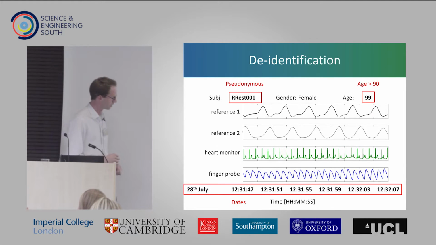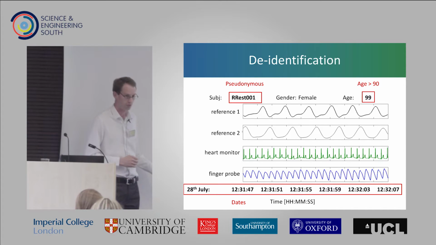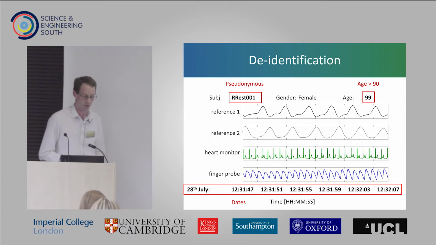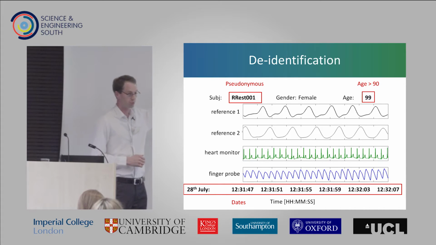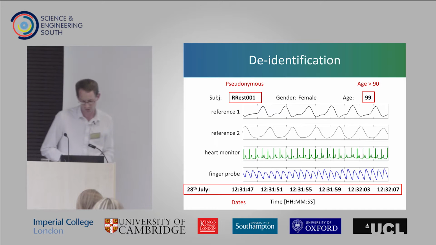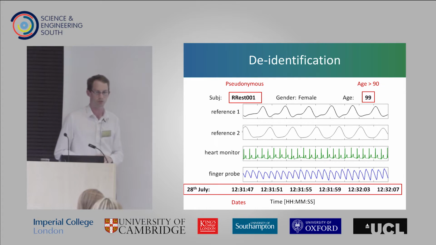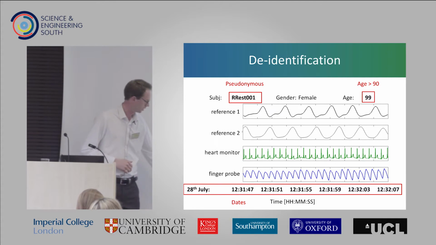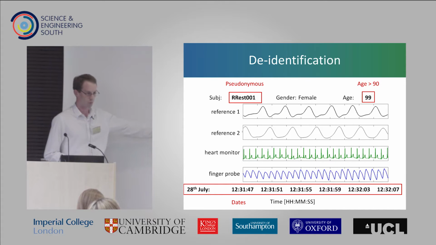And there are three areas that I'd highlight, which are either identifiable or quasi-identifiers. So firstly, the subject ID, that has to be stripped out before sharing. Secondly, this subject aged 99 had an age over 90, an outlier. Because that's relatively unusual, that has to be removed. And thirdly, these signals were recorded using dates and times.